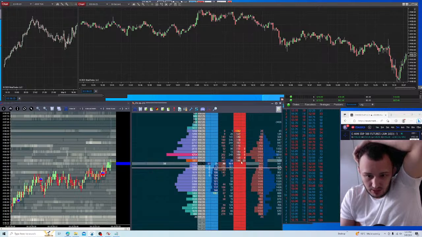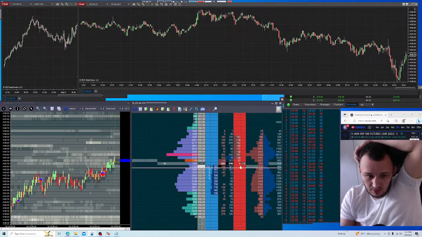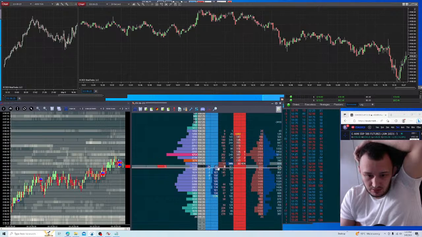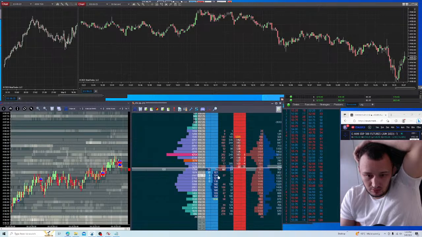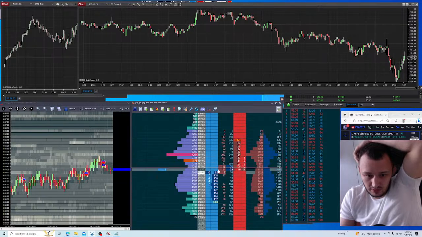Do we see bigger players hit? Yes, we do. We pretty much cleared 53.50. We do find a bid here around 53.50.